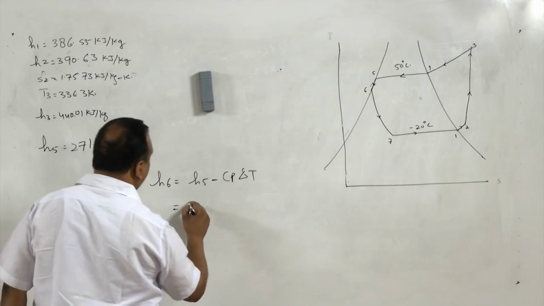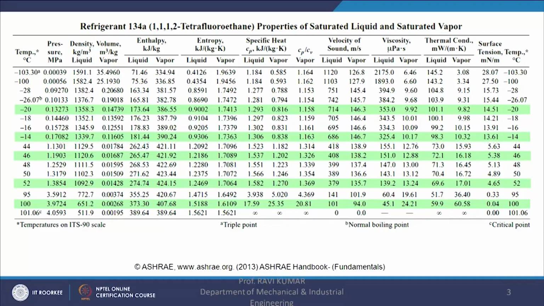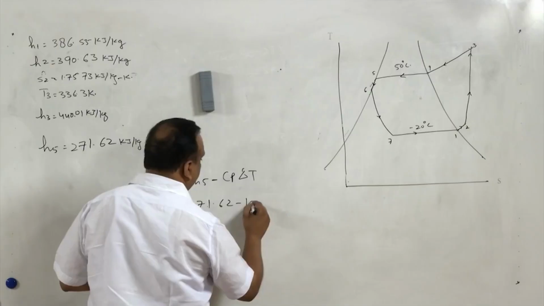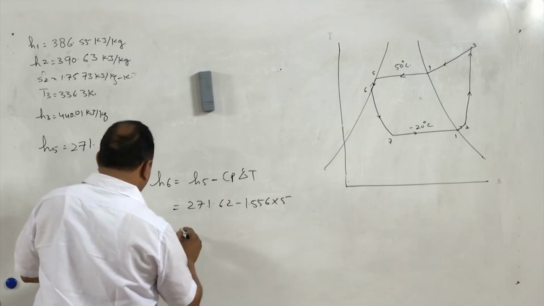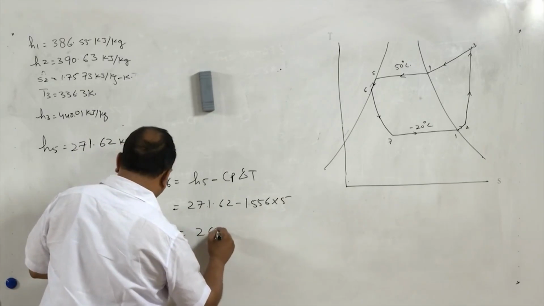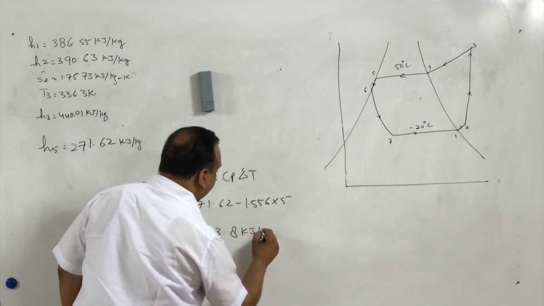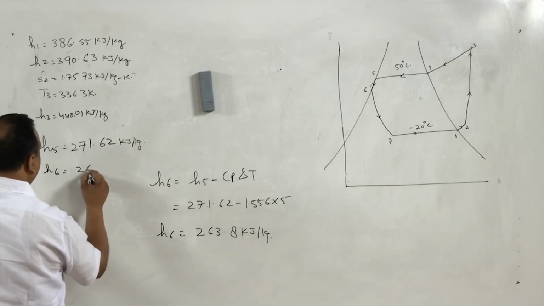So H5 is 271.62 minus Cp of liquid refrigerant at 50 degree centigrade, which is 1.556, into 5, and that will give the value of H6 as 263.8 kilojoules per kg. So H6 is 263.8 kilojoules per kg.